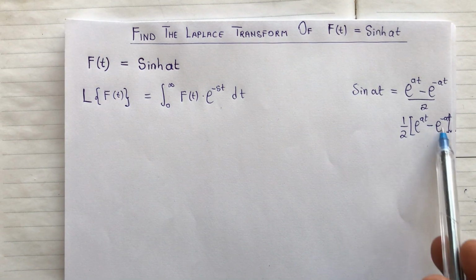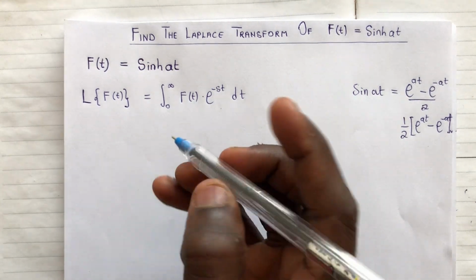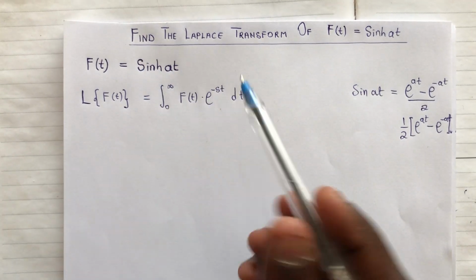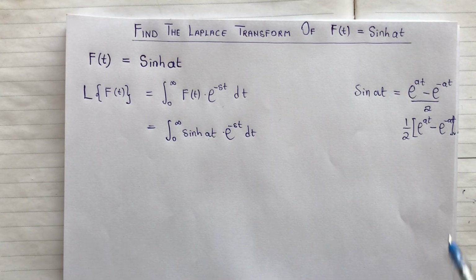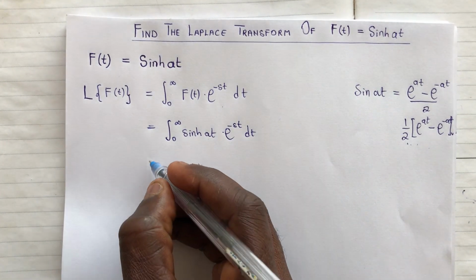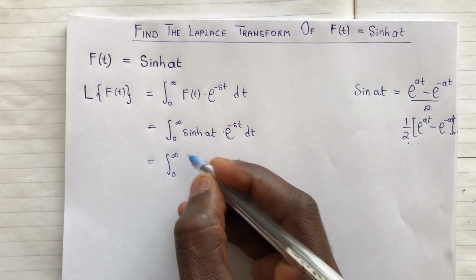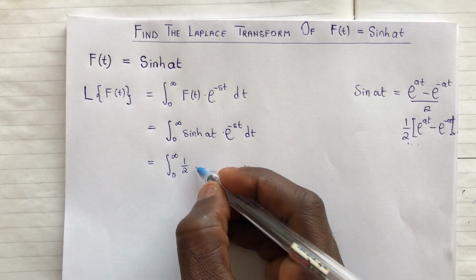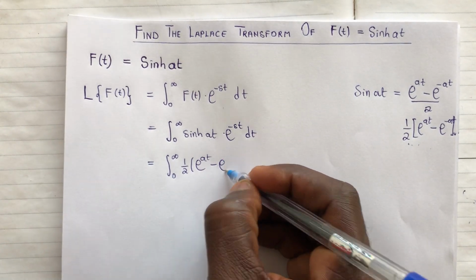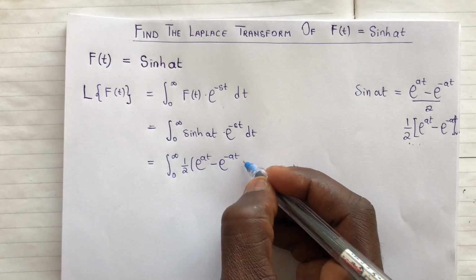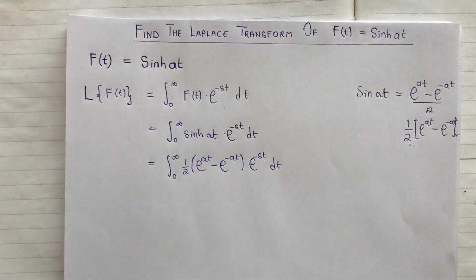Okay, so we can substitute this. Any of them is correct. So let's substitute this into the function to replace sinh at. So now when we substitute this, we have the integral from 0 to infinity of 1 over 2 into the bracket e^at minus e^(-at), times e^(-st) dt.